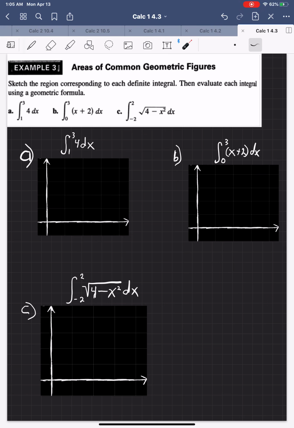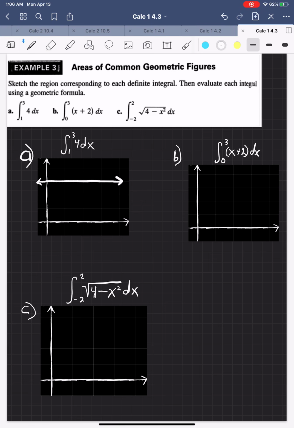So let's start with what the graph of 4 would look like. Now, you've already seen me do this multiple times, so this is getting a little bit old at this point. But I'm going to work through these a little bit faster. Ready? So let's start with graphing the derivative.